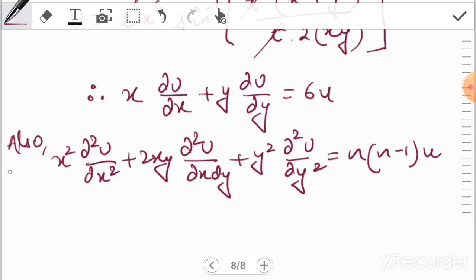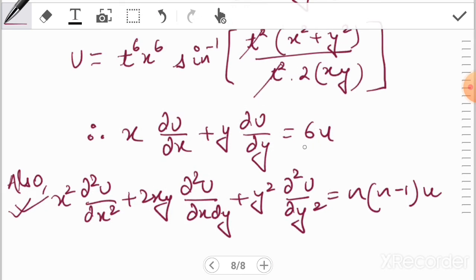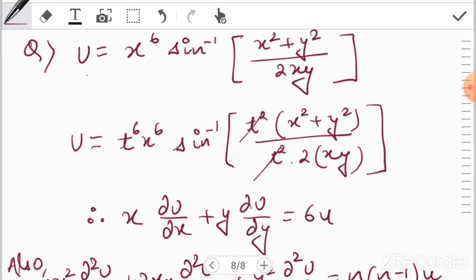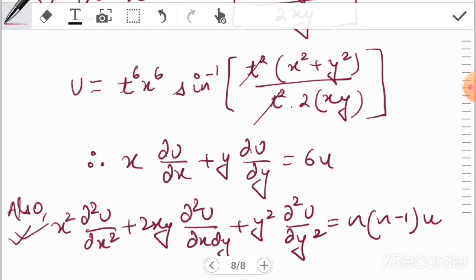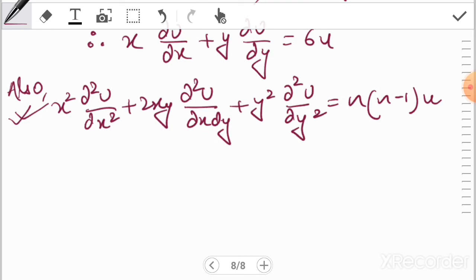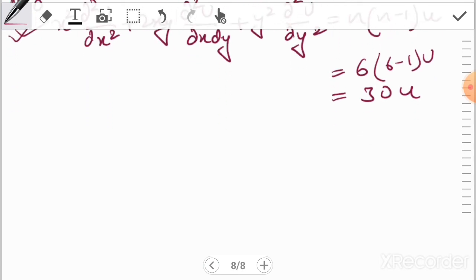So in this case, the function is homogeneous of degree 6, so this will be equal to 6 into 6 minus 1 u, that is 30u. Let us see one more example.